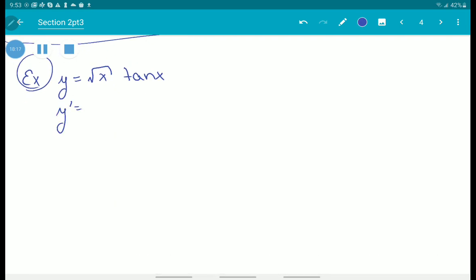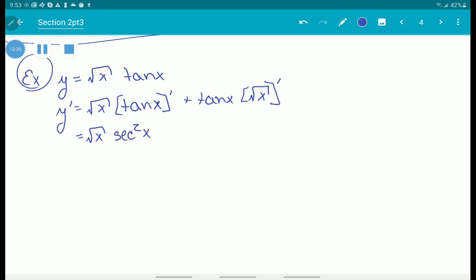So think about your setup. It's the first times the derivative of the second plus the second times the derivative of the first. So now we're going to use those rules. We know the derivative of the tangent is secant squared. We just talked about that one.